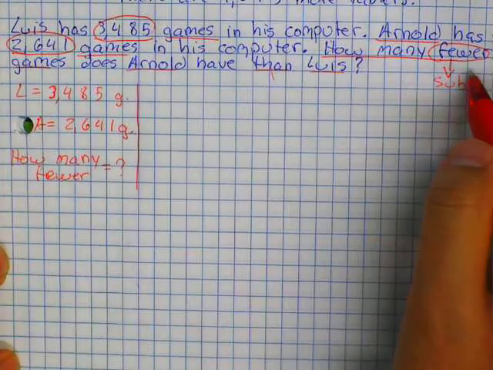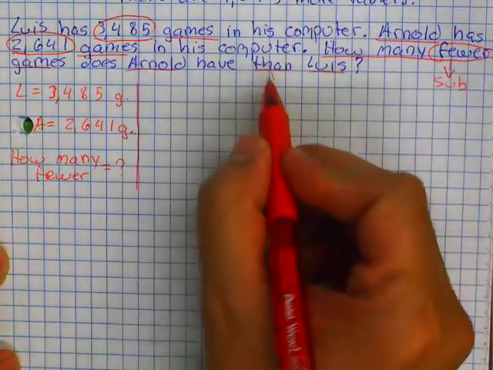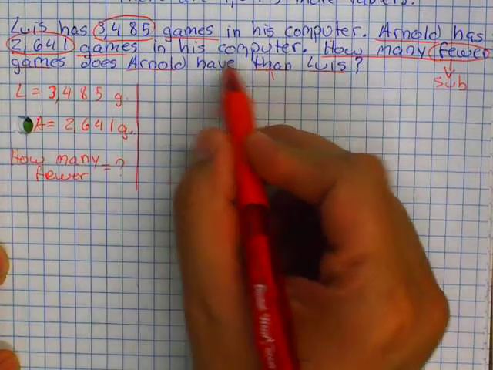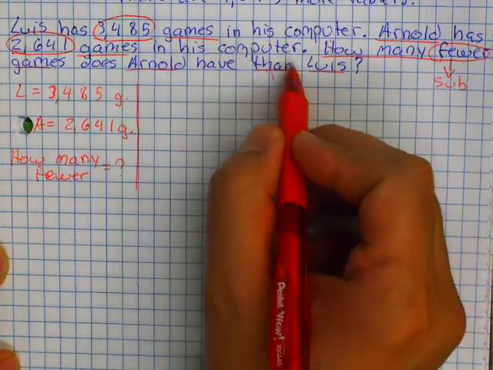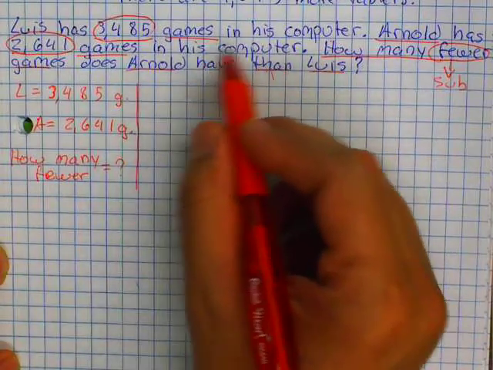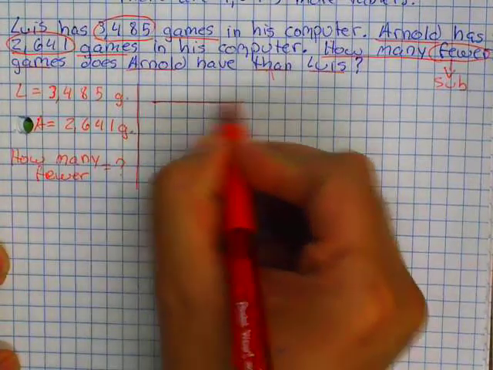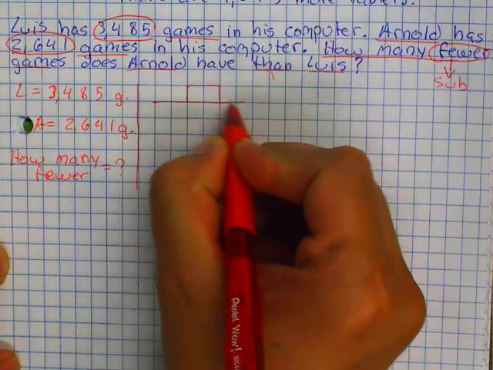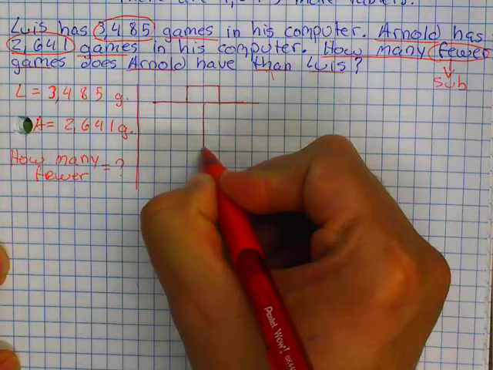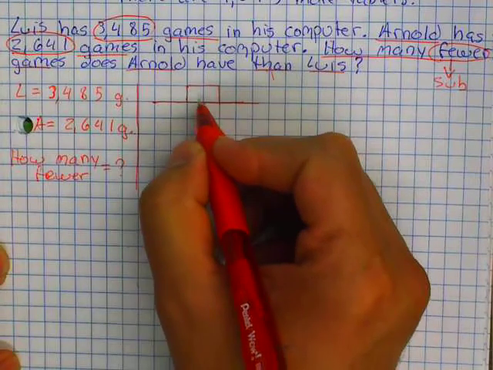Now, when they ask me to compare, I'm going to use another word that's going to help me. The word then. That is the one that is going to help me figure out what are the things that I am comparing, or in this case, the people. For that, I'm going to do a T-chart. This T-chart is the one that is going to help me figure out what are the two things that I'm comparing.